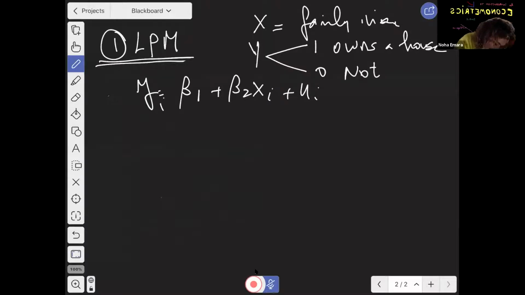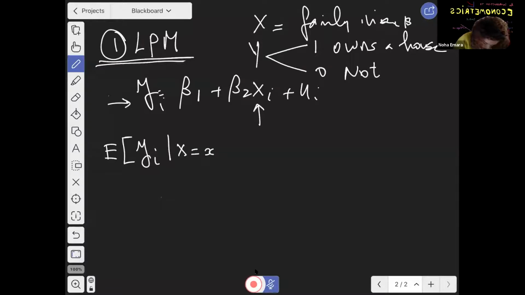So I'm trying to see the effect of a continuous variable, because family income is in dollars, on a binary dependent variable. I want you to understand that what we're trying to do is compute the expectation of yi given a certain level of x equal to a small value.